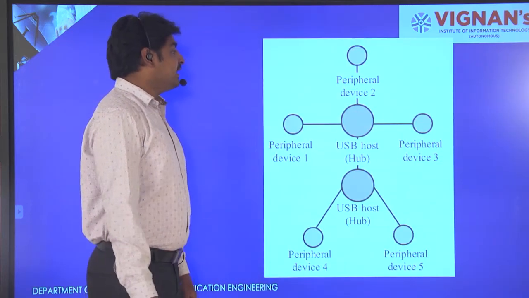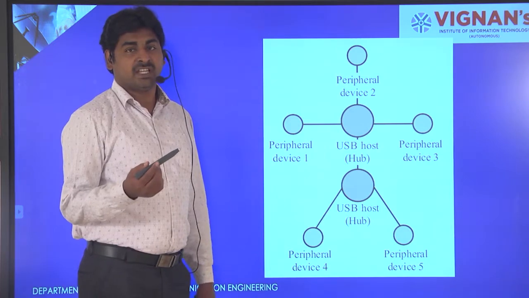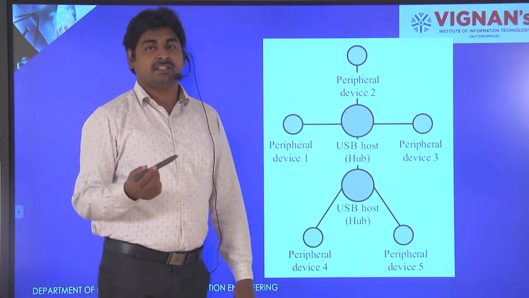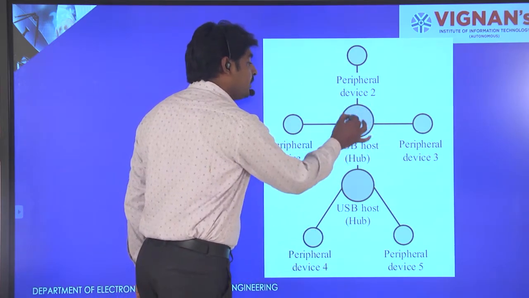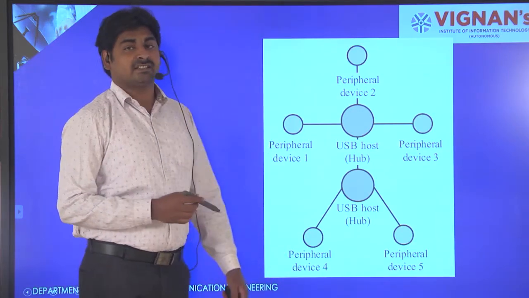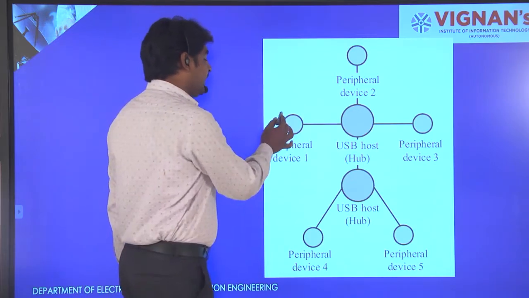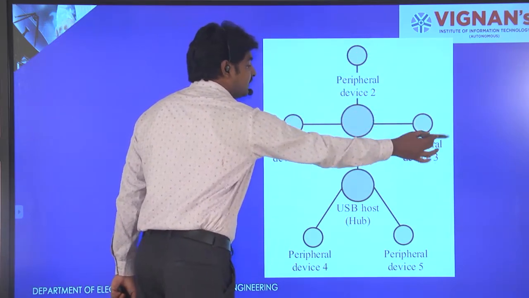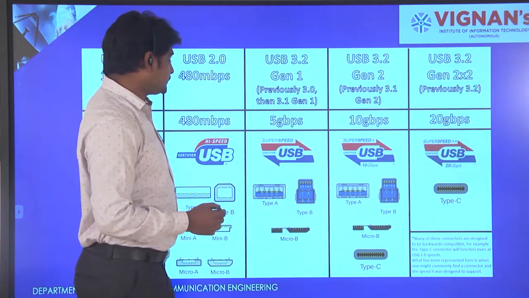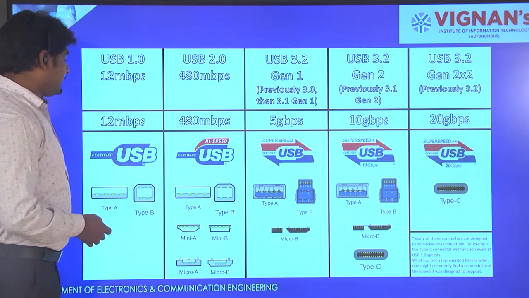The type A connector is used for upstream, which means it is used to connect to the host. Type B connectors are used for downstream, which means they are used to connect the peripheral devices. Now here you can see the different connectors.